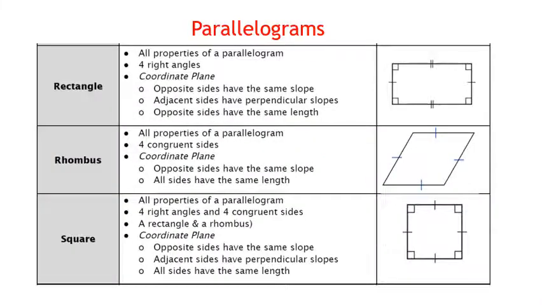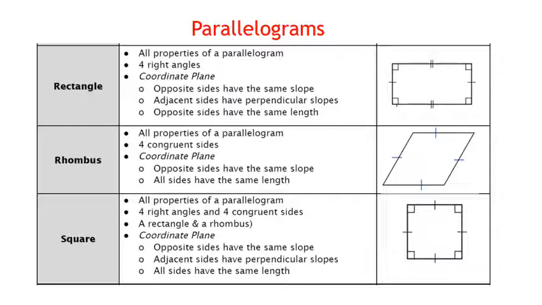Underneath the topic of parallelogram, we can get a little more specific. A parallelogram that has four equal angles, remember quadrilaterals add up to 360. If there's four equal angles, or four right angles, we say that's a rectangle.